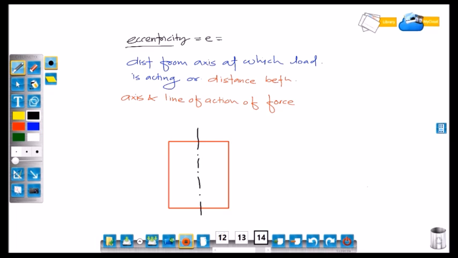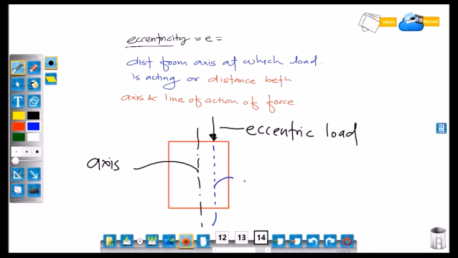Let's see in the diagram. This is the axis, this is the eccentric load, and this is the line of action of the load. So the distance between these two lines is called eccentricity, which is denoted by small e.